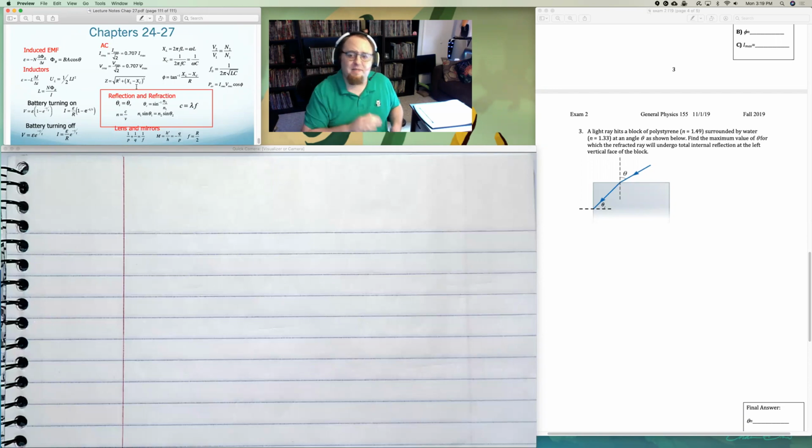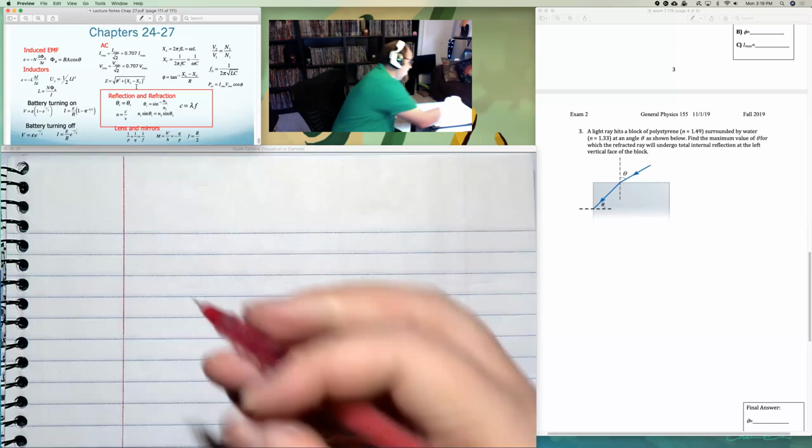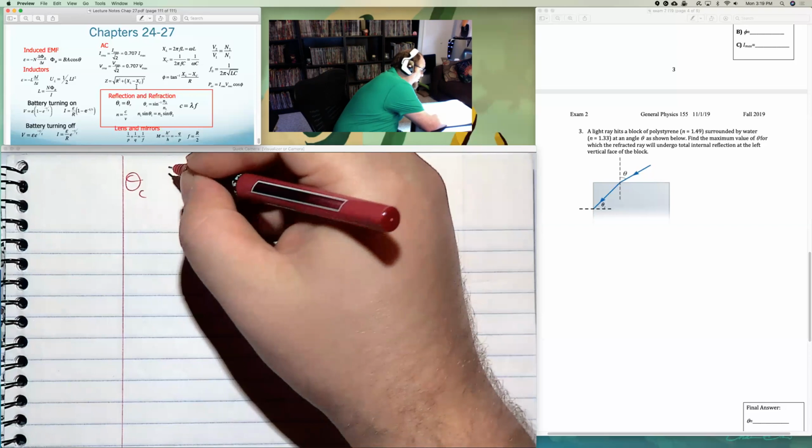The problem I did last semester says a light ray hits a block of polystyrene surrounded by water at an angle theta as shown below. Find the maximum value for theta for which the refracted ray will undergo total internal reflection at the left face of the box. So what I'm saying here is theta c is the critical angle.